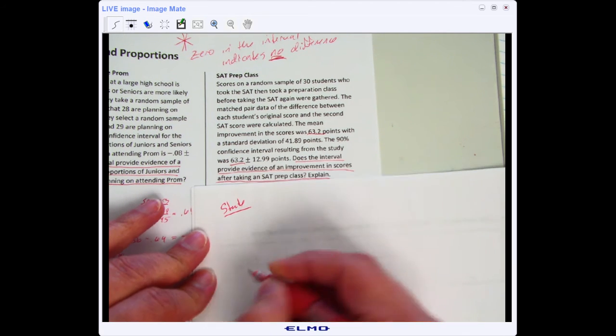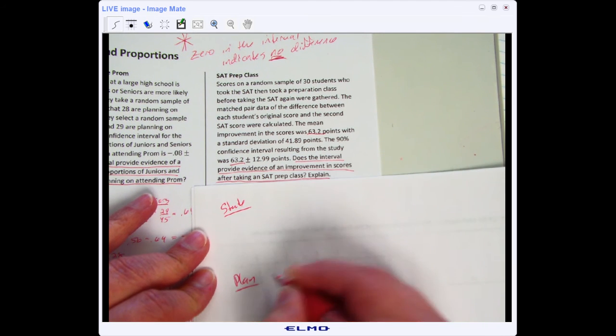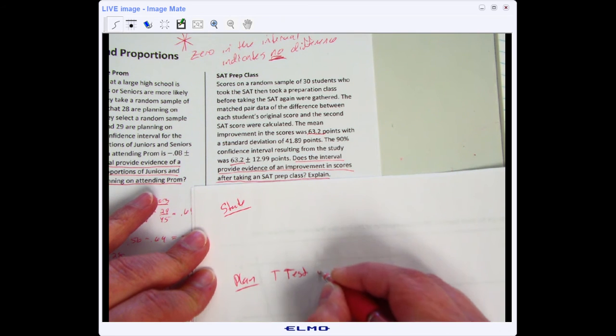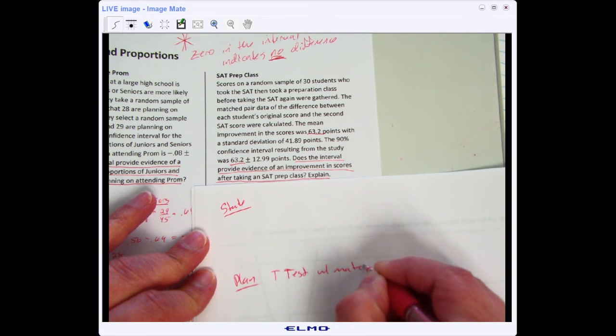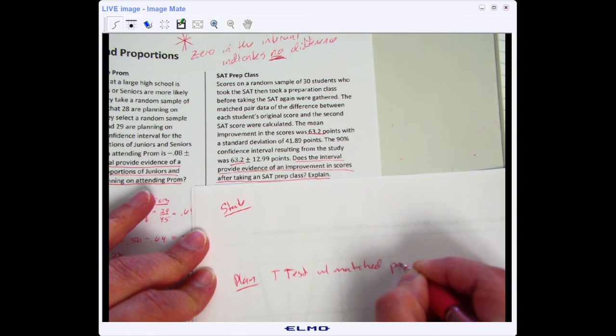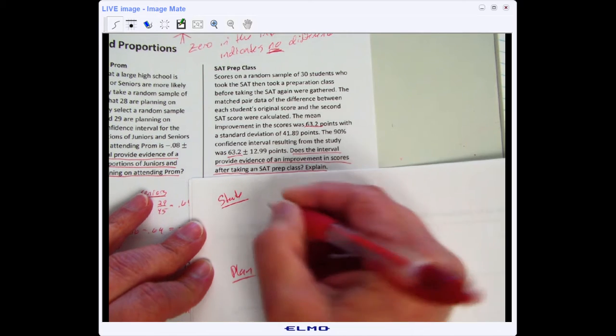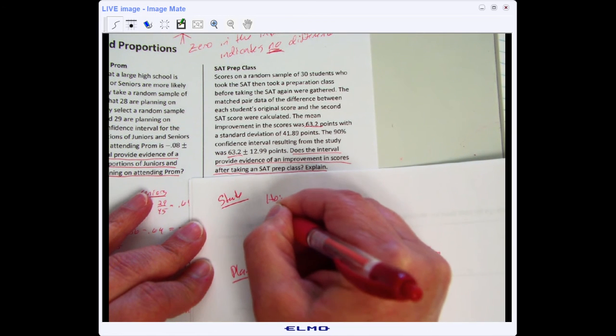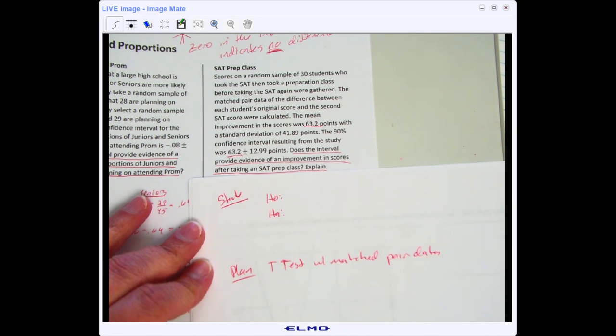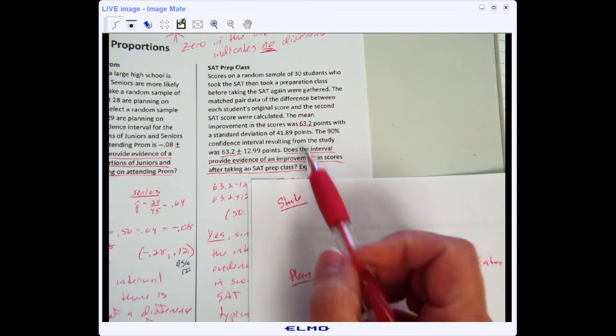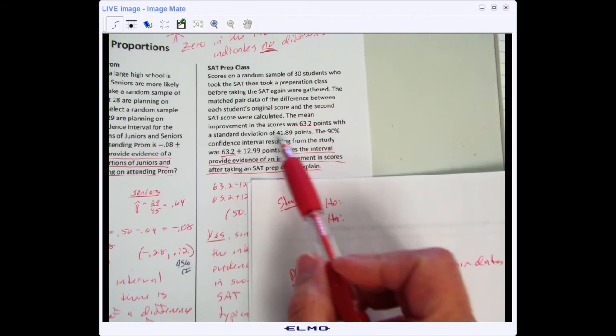So we'll get our state up here for a second. Let me put my plan in here. This is a t-test with matched paired data. So let's do our H0 and our Ha. What happened here? They took the SAT test, they took a prep class, and they took the SAT again.